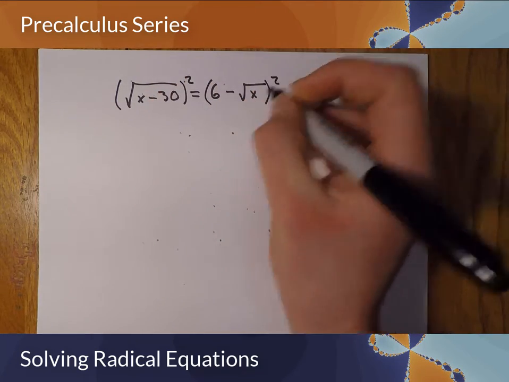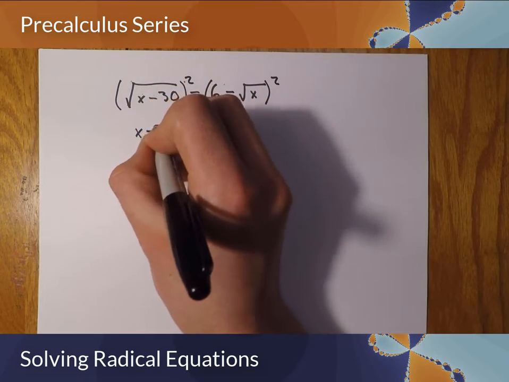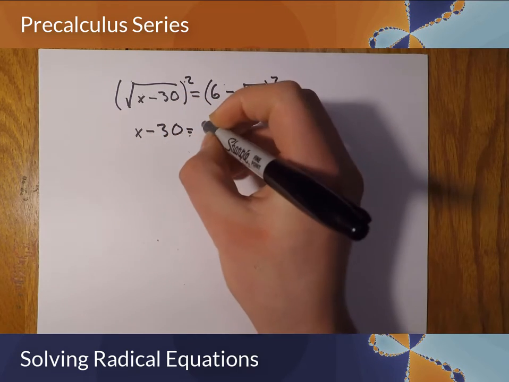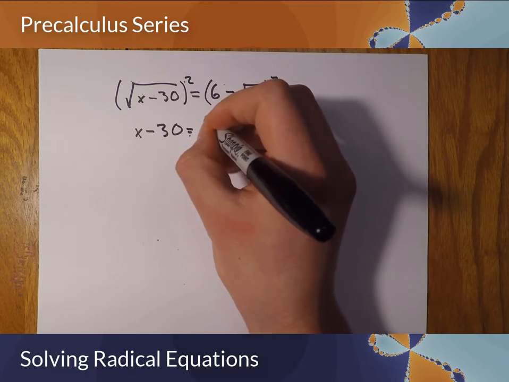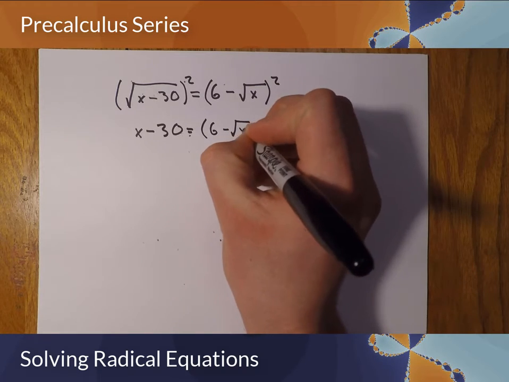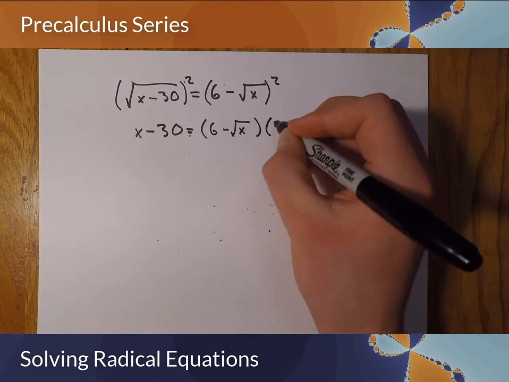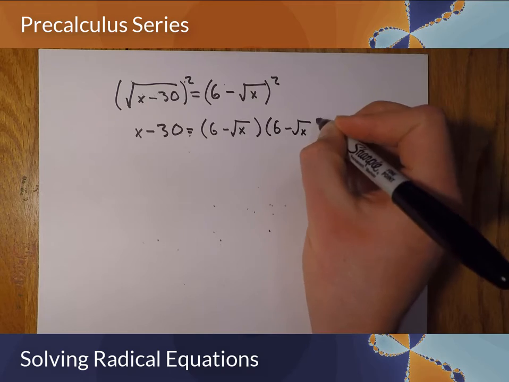Like that. So now we have x minus 30 equal to 6 minus root x times 6 minus root x.